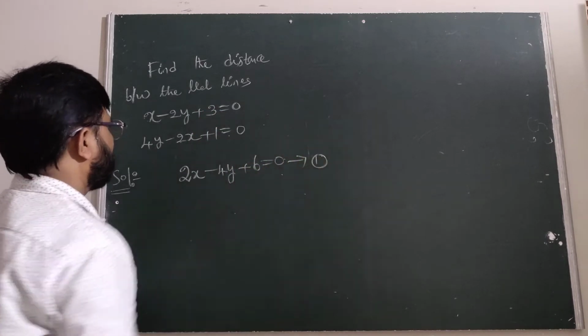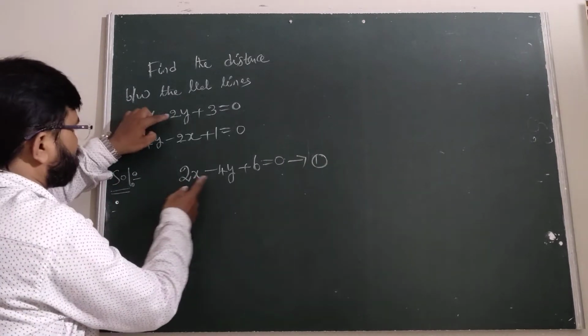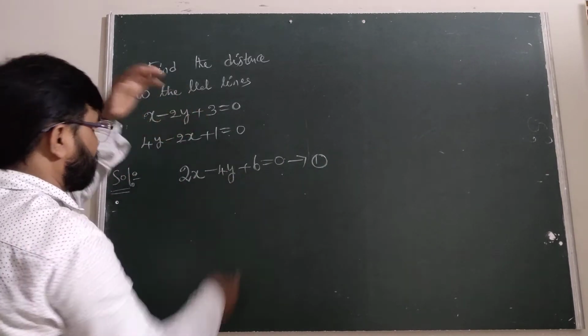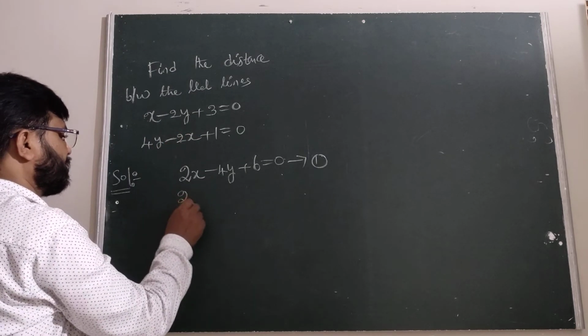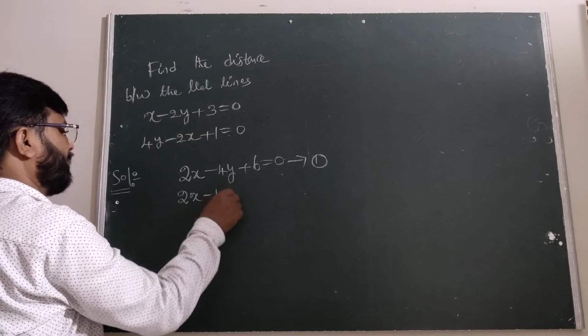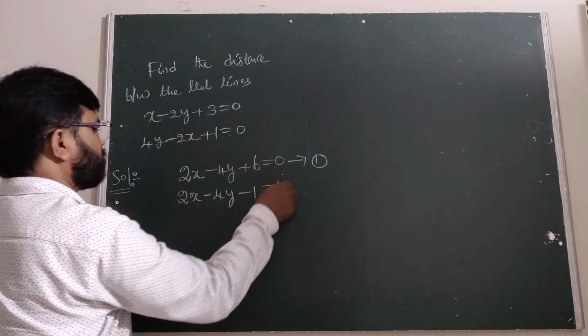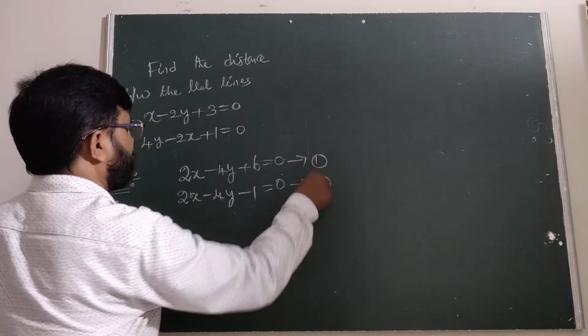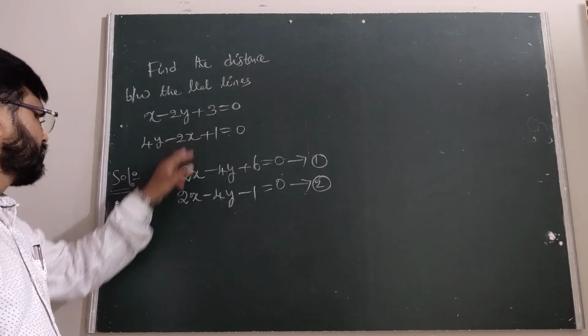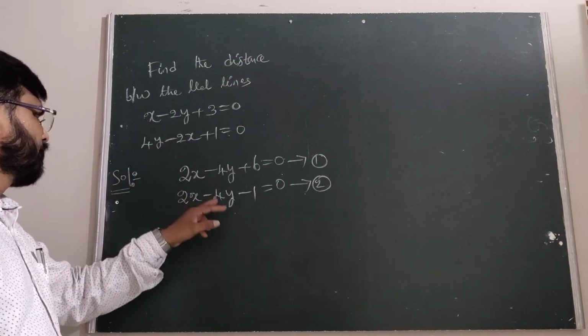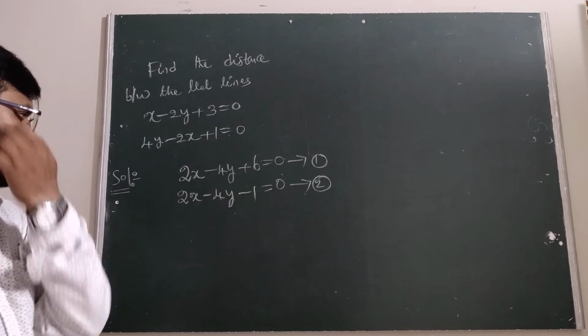That is equation 1: 2x plus 4y plus 6 equal to 0. Now the second equation multiplied by minus gives 2x minus 4y minus 1 equal to 0, which is equation 2.